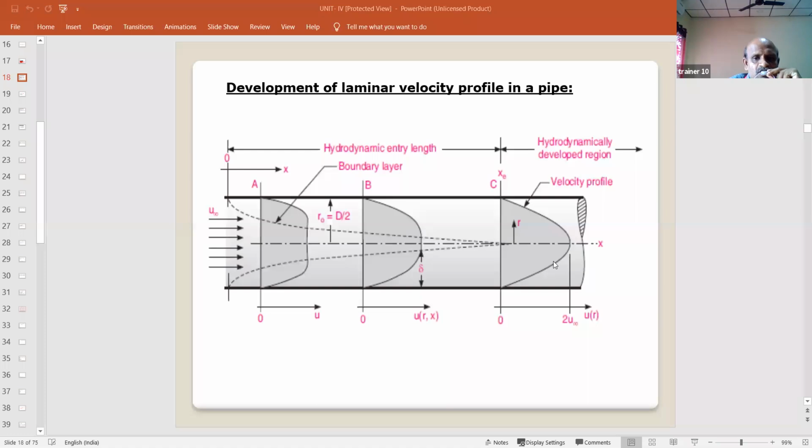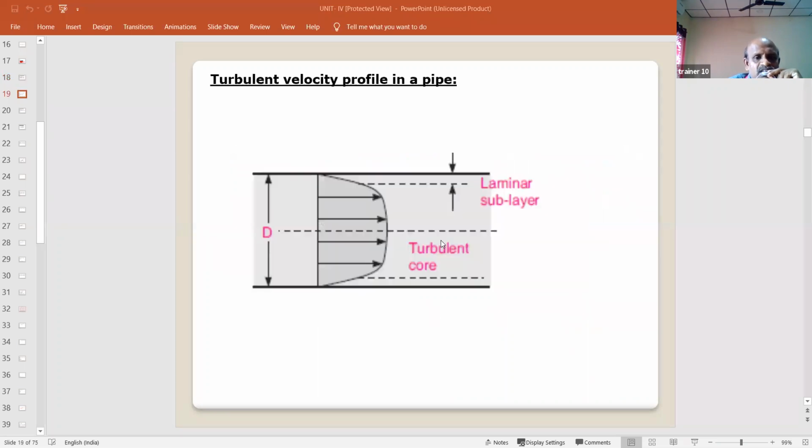In the case of the laminar velocity profile, we can find a smooth or sharp edge at the end of the velocity profile on the axis. Whereas in turbulent flow, because of the random changes in velocity, we cannot find any smooth formation. That's why we have the blunt edge formation.